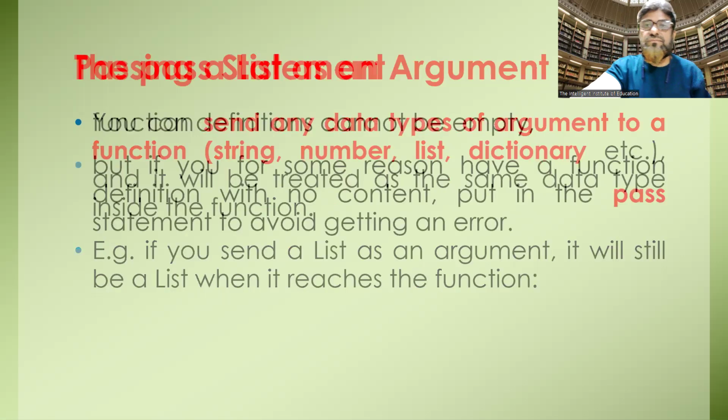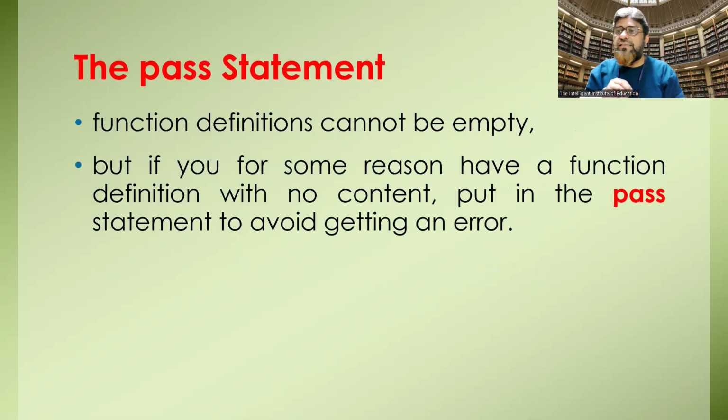Now, the pass statement. I already explained this when we discussed how to control a loop: break, continue and pass. Today I am going to explain it again. Pass is a placeholder that we can use for the future.